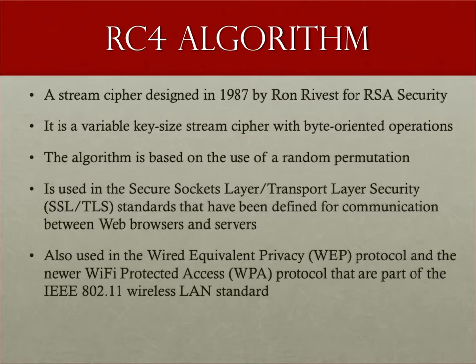RC4 is the most common technique in the category of stream ciphers. It was first designed by Ron Rivest for RSA Security in the late 80s, and it has a variable key size. The key size itself could be variable, with byte-oriented operations, and as we will see, it's based on bytes, basically the numbers between 0 and 255.